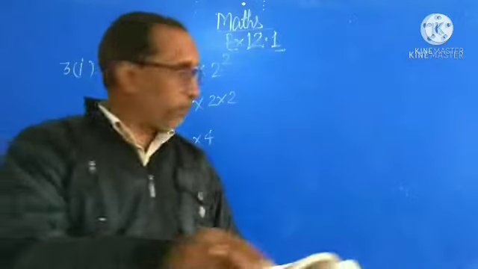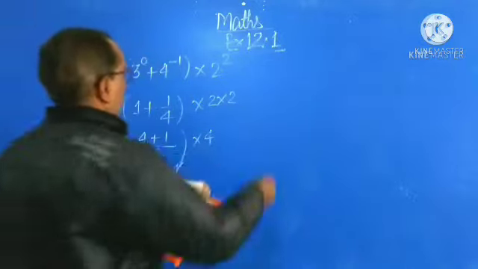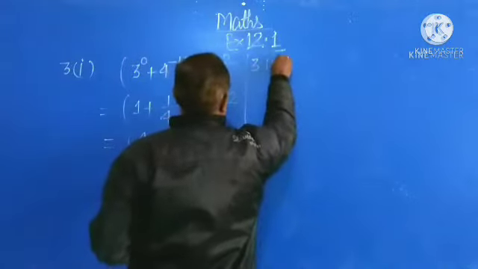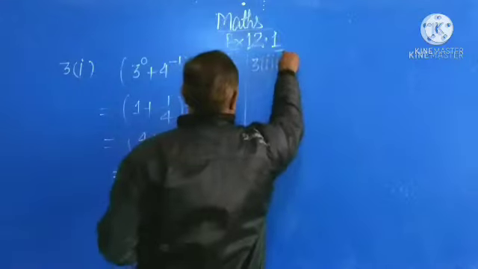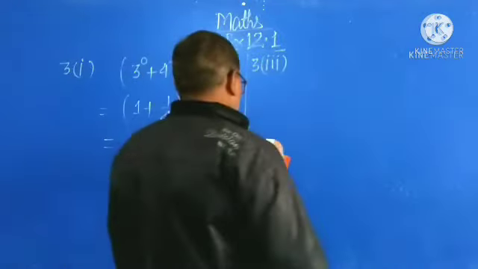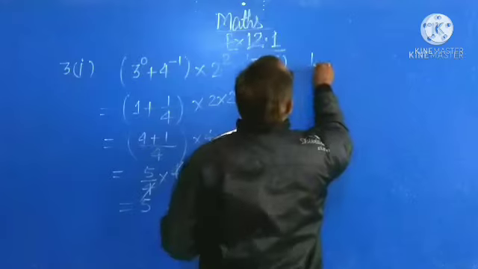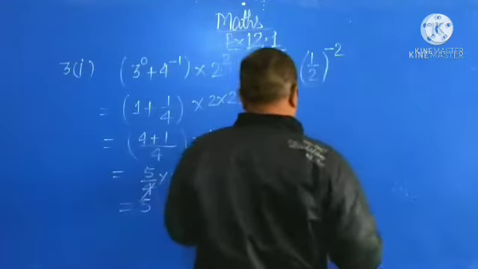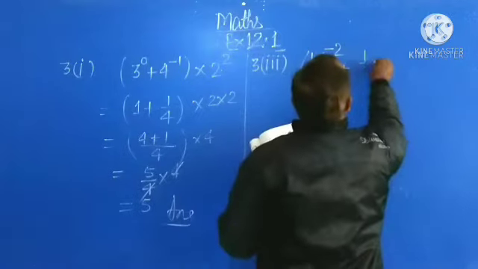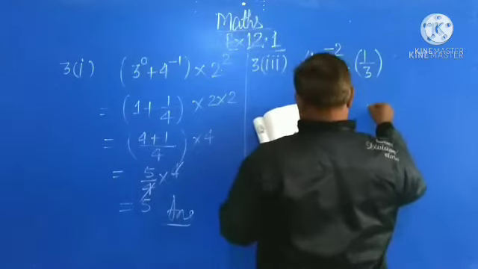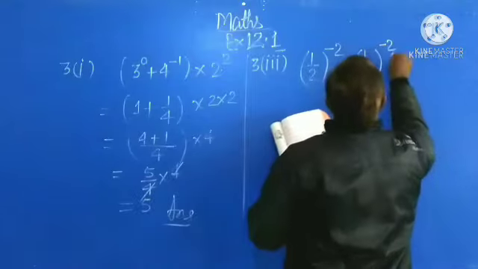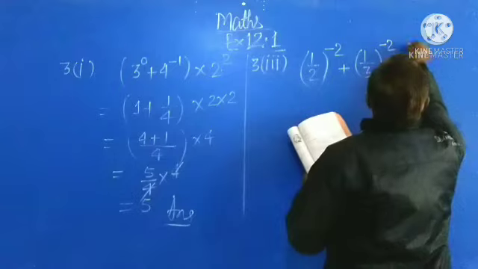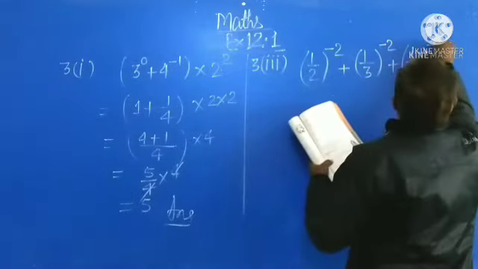And I want to solve the third part, that is 1 by 2 raised to power minus 2, plus 1 by 3 raised to power minus 2, plus 1 by 4 raised to power minus 2.